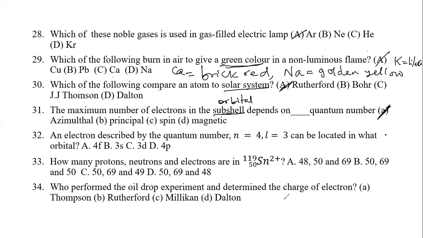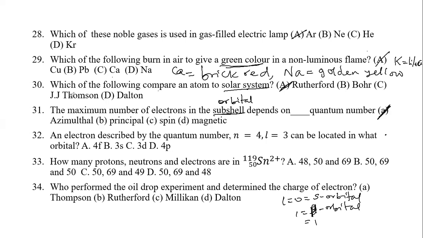And so the azimuthal quantum number L equals 0 is the s orbital. When the value of the azimuthal quantum number equals 0, we're talking about the s orbital. When L equals 1, it is the p orbital. Sorry about that.